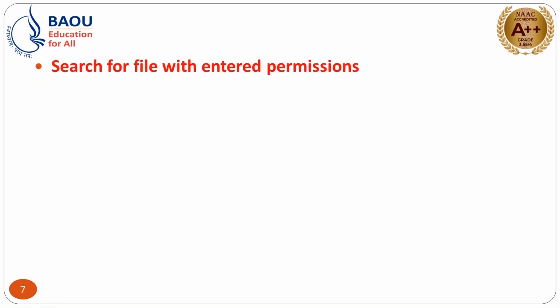Now, searching for files with the entered permissions. In the last session we discussed that if you want to assign some permissions, you can use octal numbers, or you can use letters. So in this example, what does 721 mean? The first digit, 7 in octal, represents the permission for the user.